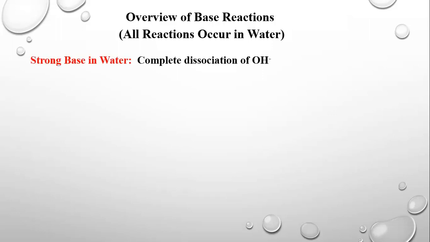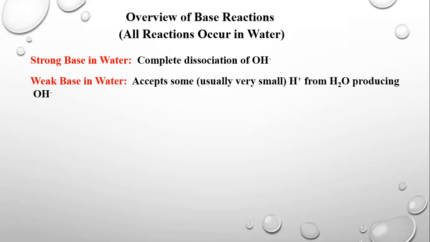Now we're going to go on and look at base reactions, how bases react in the presence of acids. So we're going to start with a strong base in water. That's a complete dissociation to produce hydroxide ions. Remember, strong bases carry their own hydroxide with them, and they just dissociate, like sodium hydroxide, to leave the hydroxide ion behind. That's a strong base.